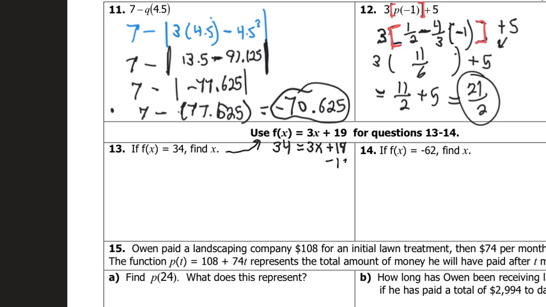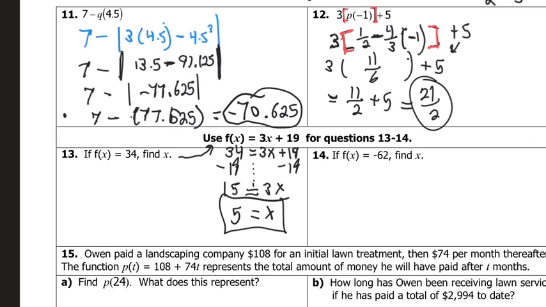Minus 19. And I've got to line up my equal signs here underneath each other. Okay. I've got 3x equals 15, I think. Is that right? Divide by 3. I got a 5 for my x.